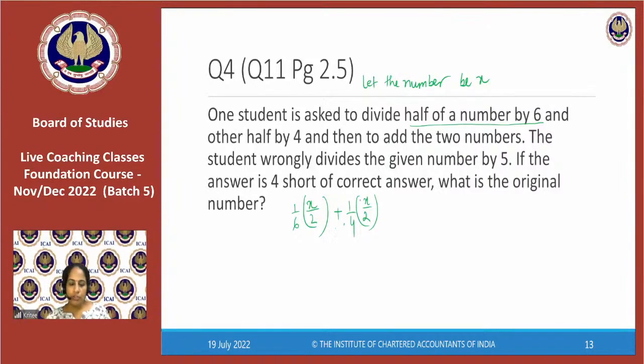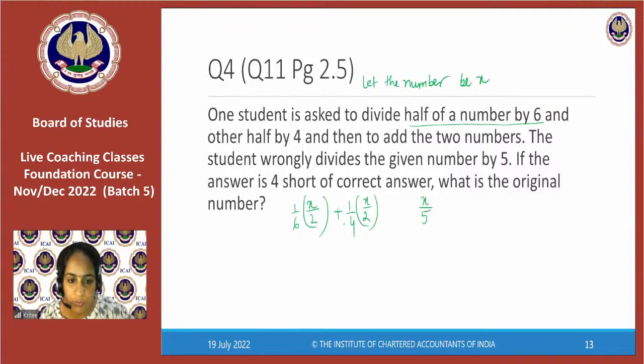Again, half of the number divided by 6 and half of the number divided by 4, and then add the two numbers. But the student wanted to do something else. Repeatedly I'm saying focus on the question, but you are still writing something else. So do whatever is being asked. The student wrongly divides the number by 5.